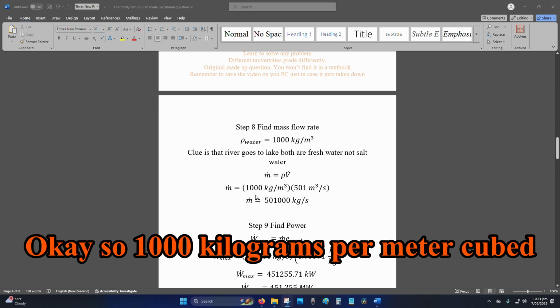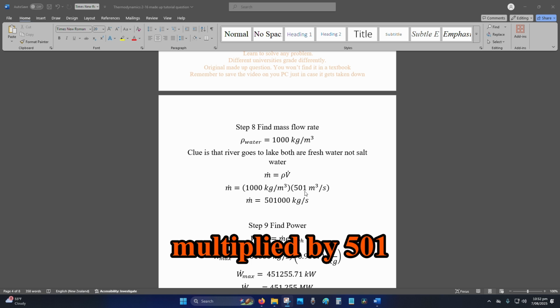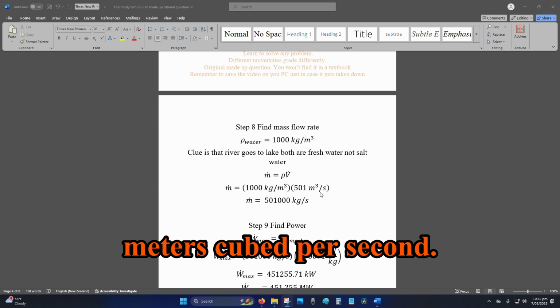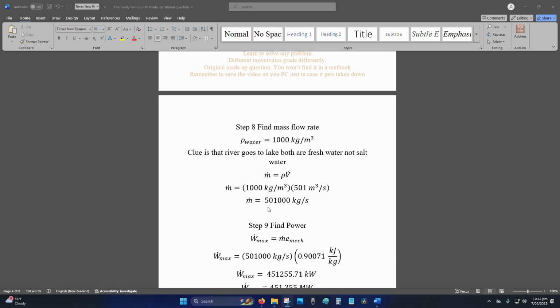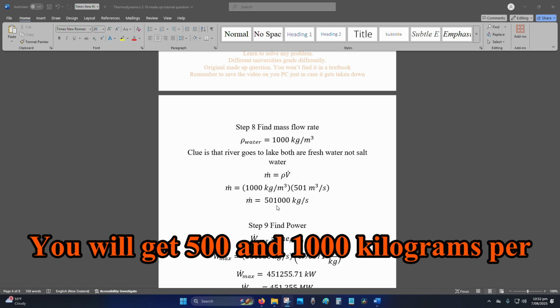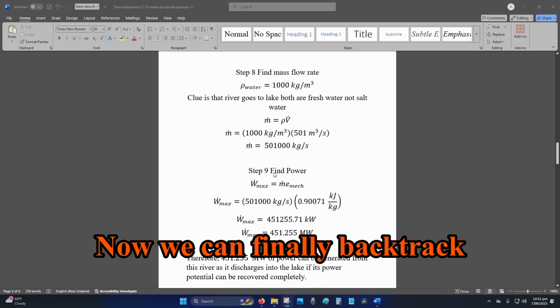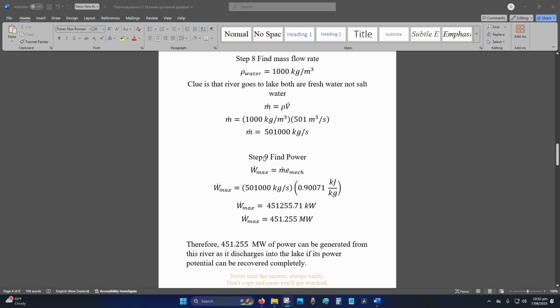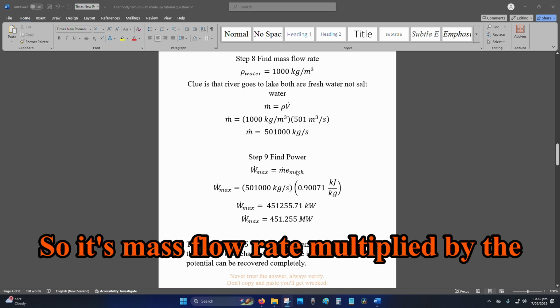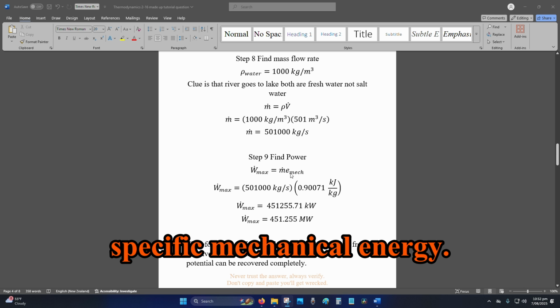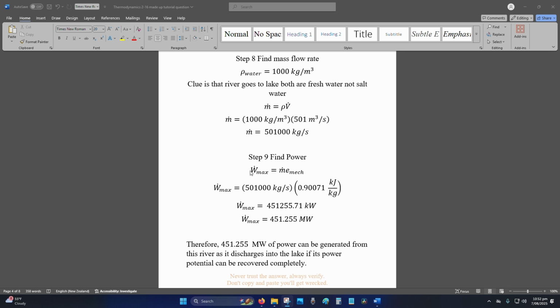Okay, so 1,000 kilograms per meter cubed multiplied by 501 meters cubed per second. You'll get 501,000 kilograms per second for your mass flow rate. Now we can finally backtrack and find the power generated. So it's mass flow rate multiplied by the specific mechanical energy.